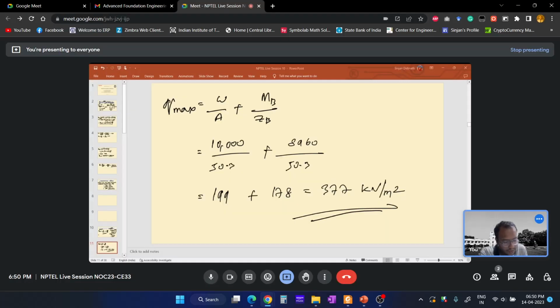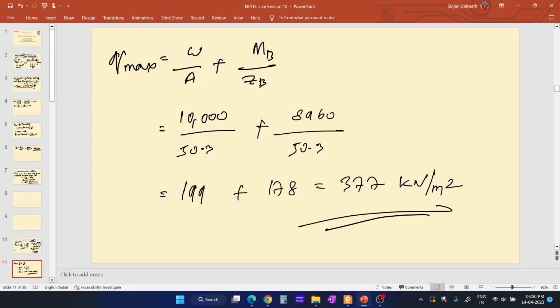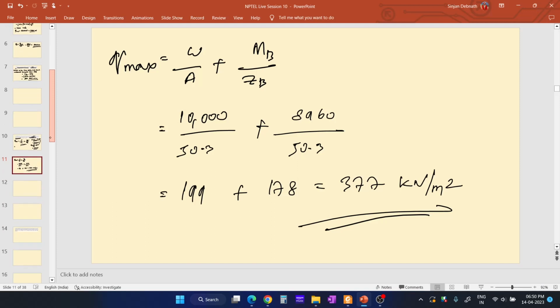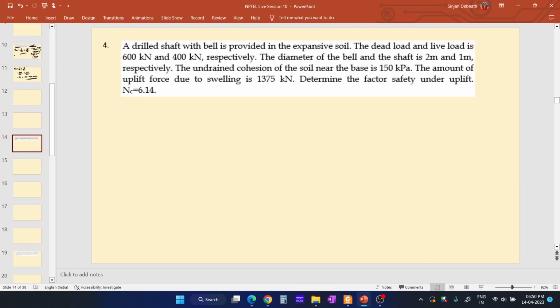So let me proceed to the next question. A drill shaft with bell is provided in the expansive soil.